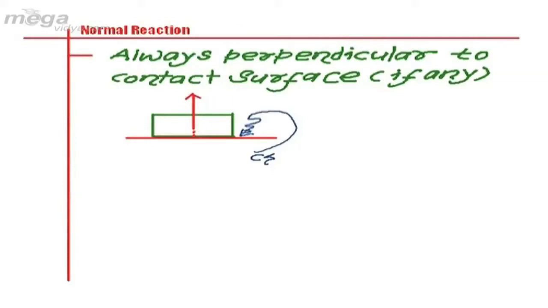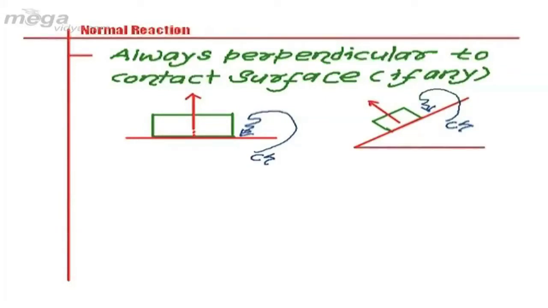If I talk about a block kept on an inclined plane, then no doubt we can say this is the contact surface. So normal reaction will act perpendicular to this inclined surface.